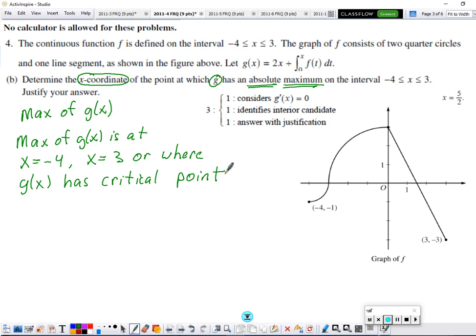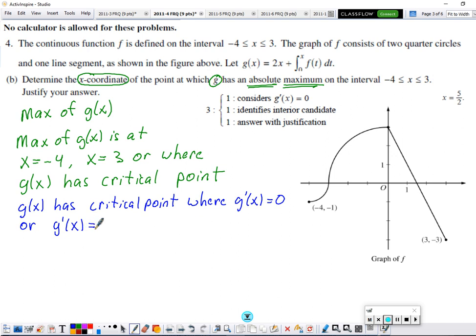So then I say, okay, g has a critical point where g prime equals 0 or g prime is undefined.